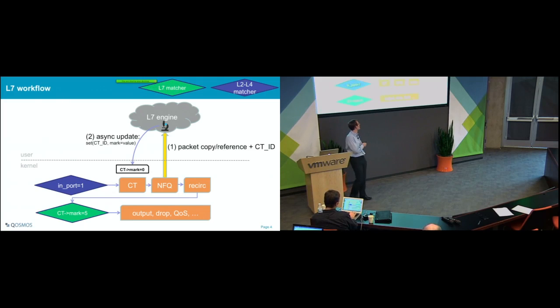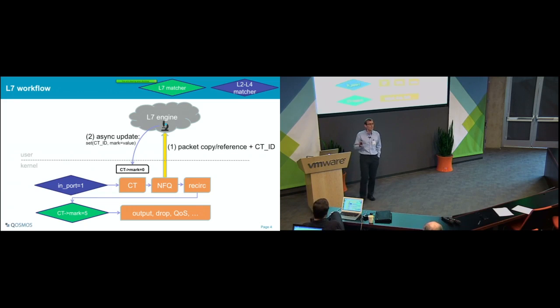You need to get a reference via mmap of the payload and then analyze it. But it does not create a lot of head of line blocking, because you notify the user land and wake up the socket, but the processing keeps going and you recirculate immediately. This is why the design is not to create head of line blocking.